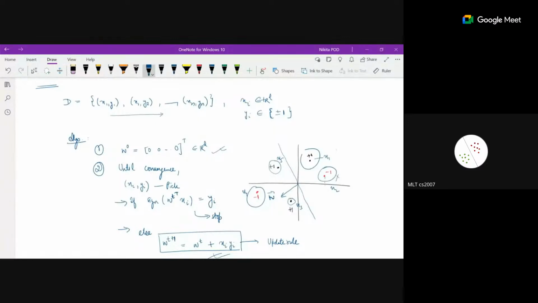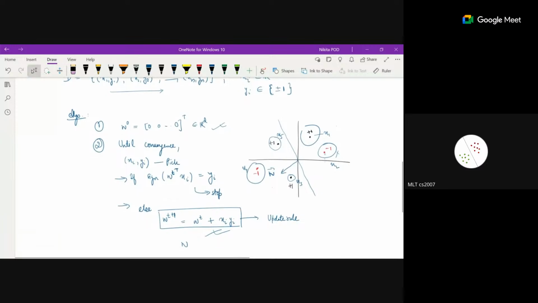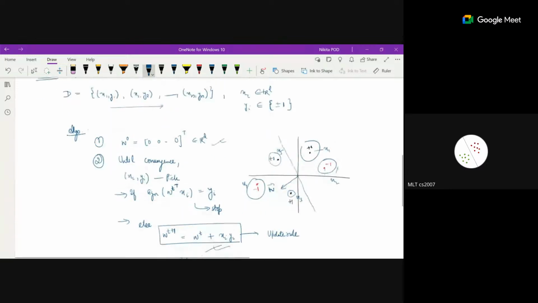Suppose you were looking at this point x3, y3, and you checked that the sign is not coming out to be right. In that case, you did this update and you got this.